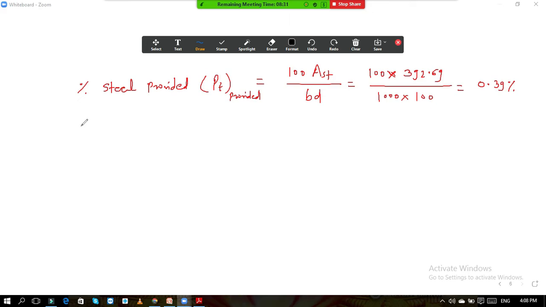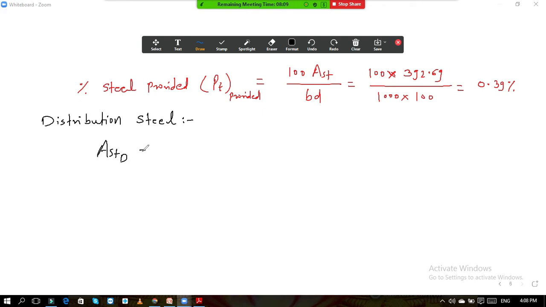In the other direction, we always provide the distribution steel. So now we will go for the calculation of distribution steel.